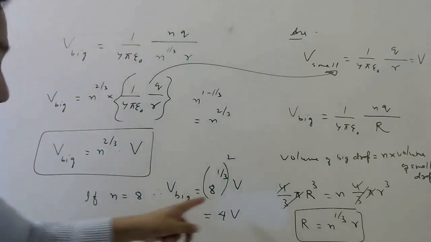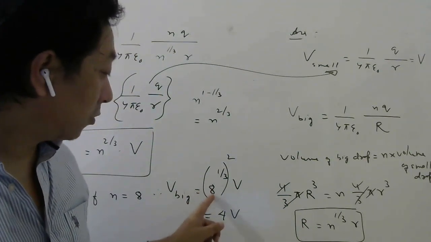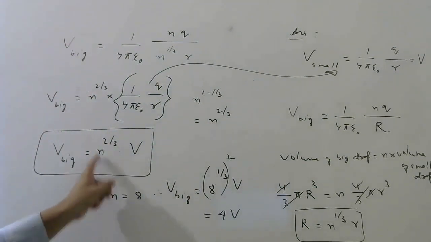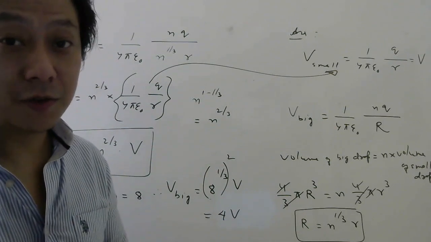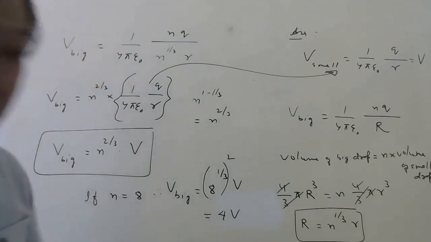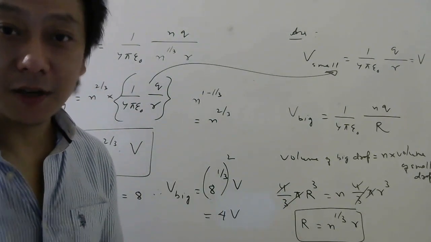Or they can give you 64. Right? If they give 64, then you have to write this as 64 power 1 by 3, power 2, because it is n power 2 by 3. So 64 power 1 by 3, cube root of 64 is 4. 4 into 4 is 16, 16 into 4 is 64. So that way, students, you can easily solve this kind of problem if I ask you in your exams.